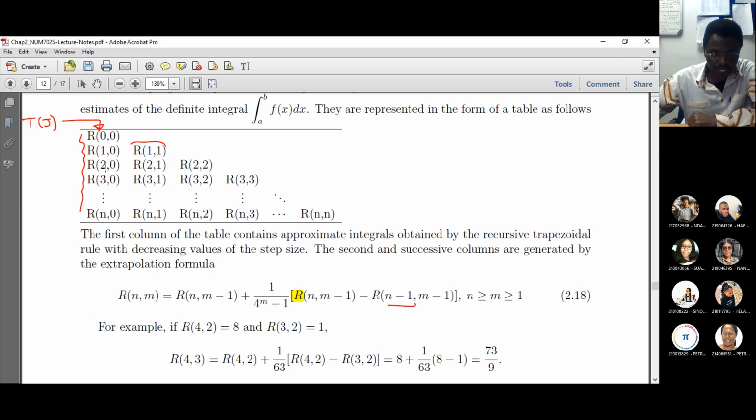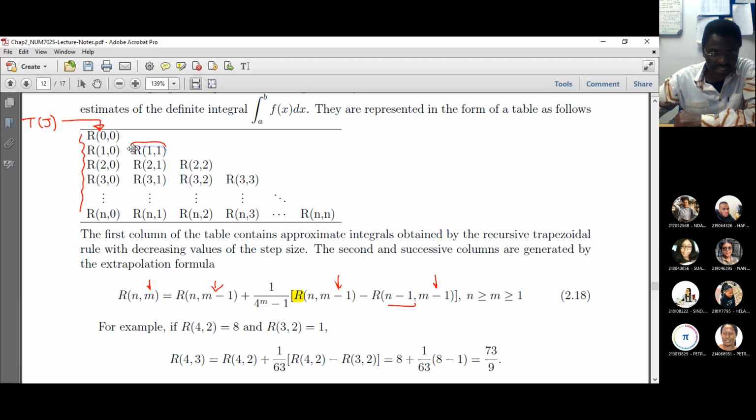We use the same row, and then the previous row. So we have n here, and n minus 1 for the row above, but in the previous column. So if the column is m, all of our computation is done in the previous column, m minus 1.